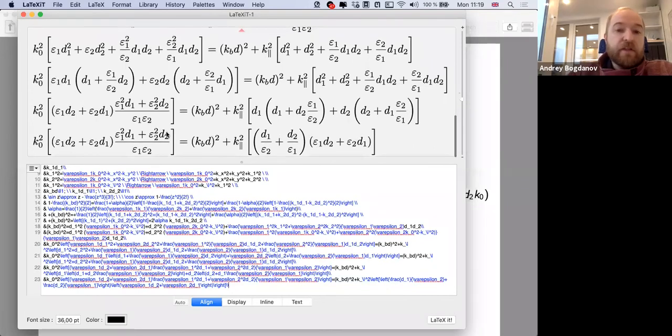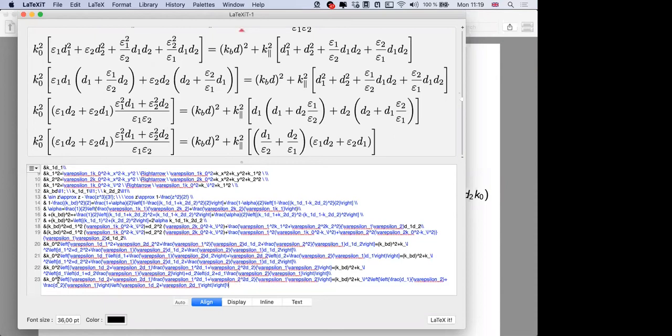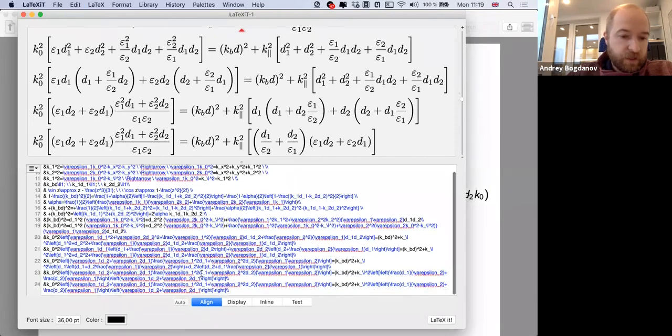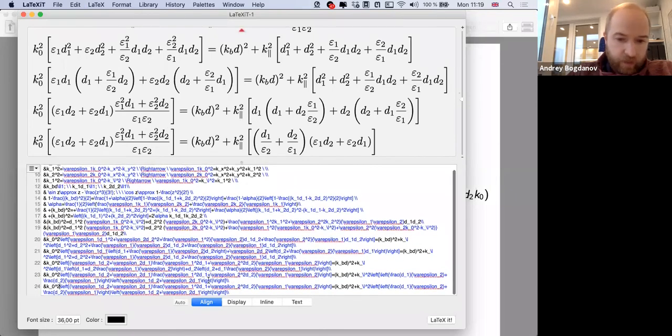Okay, and let me divide both left and right part by this huge bracket. Okay? Let me do this. So in this case, in the left part, I have just k naught square.